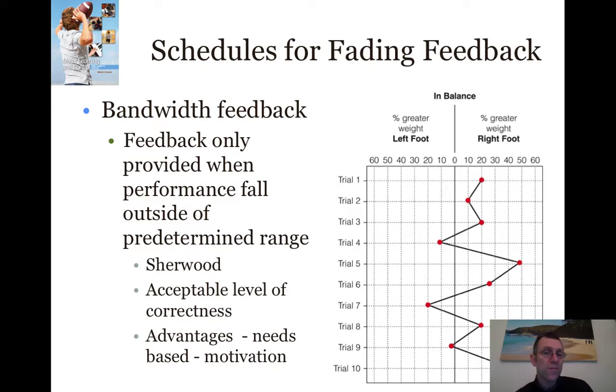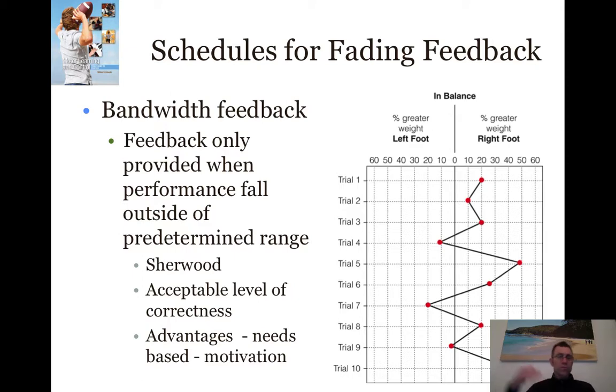Bandwidth feedback is a pretty cool concept, and I had students in the face-to-face version of your class who actually used this type of feedback in some of the sports they coach and in their work as clinicians. Bandwidth feedback is where feedback is only provided when performance falls outside a predetermined range.